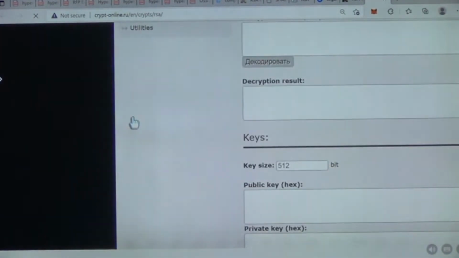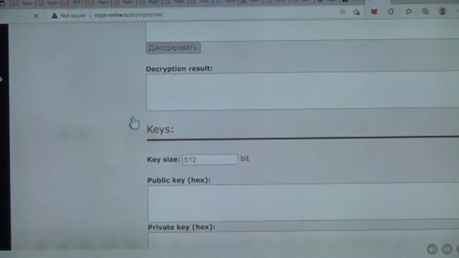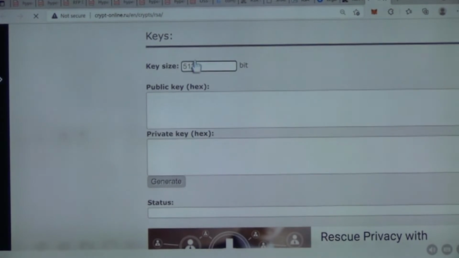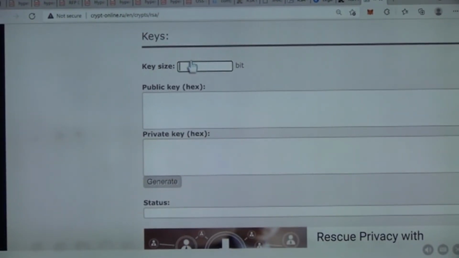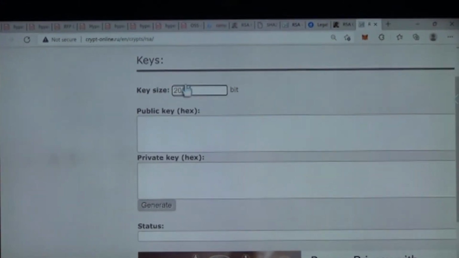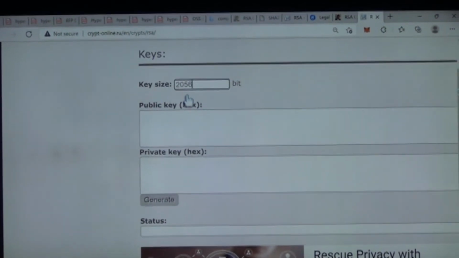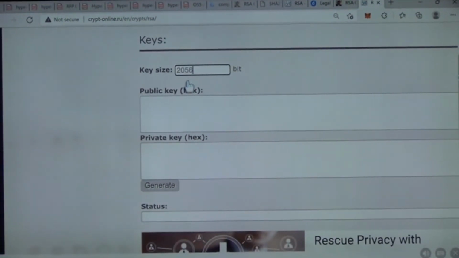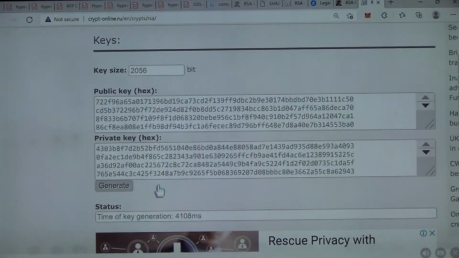So here is a key, so you can give generating a large key. So you say generate. This is the key.